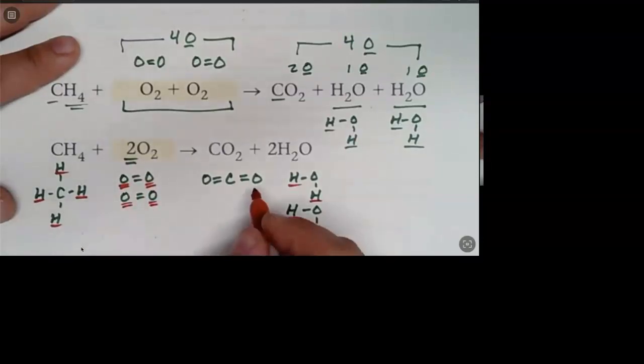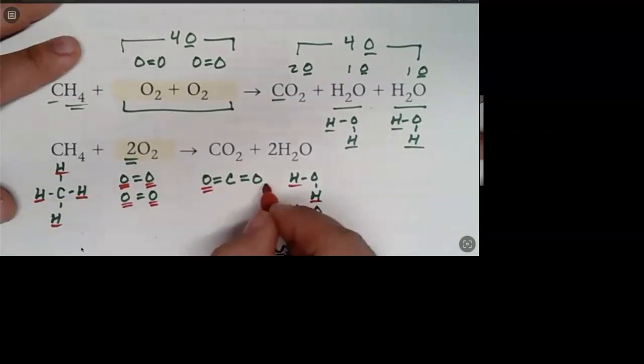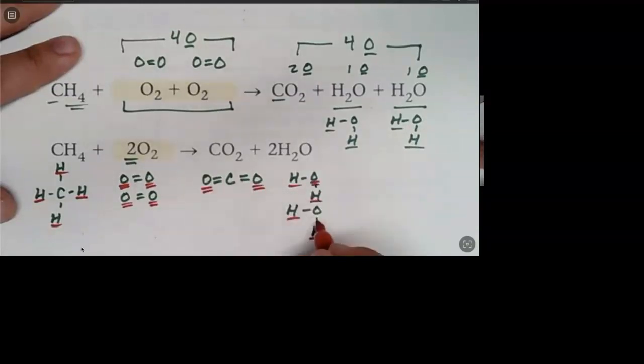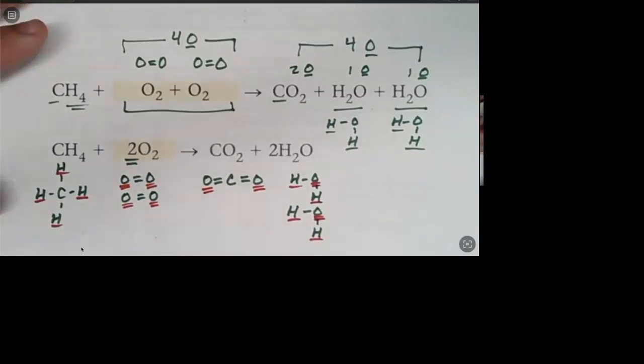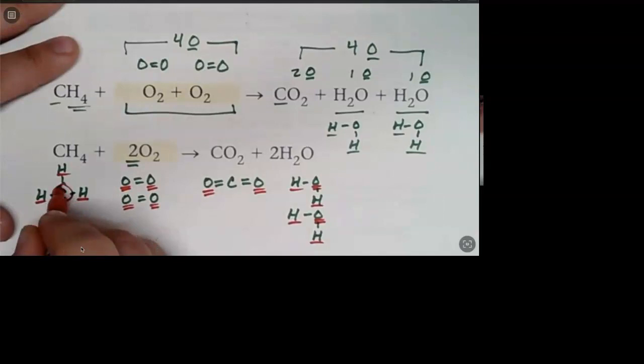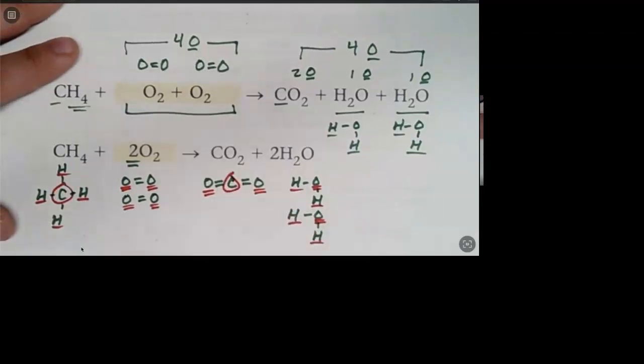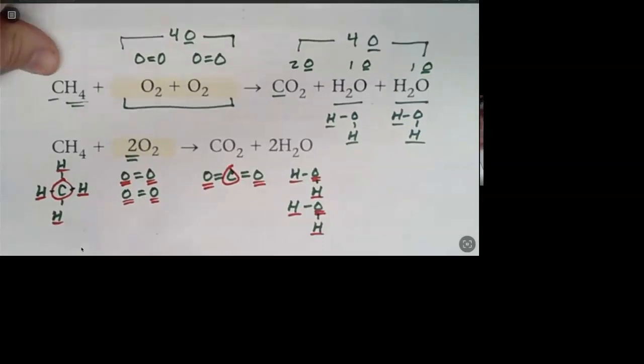And on my product side, I have 1, 2, 3, 4. So my oxygens are balanced. And of course, I only have 1 carbon on each side. So this represents that atoms are neither created nor destroyed, which is super positive for us.